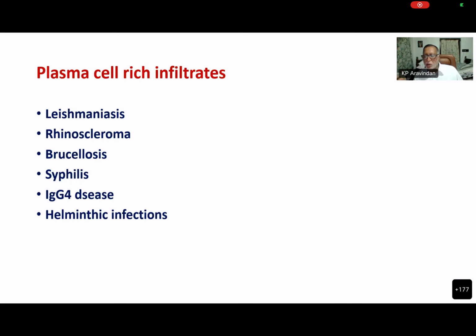Everybody had thought secondary syphilis was a long forgotten disease, but histology was so suggestive because of plasma cell infiltrates around the vessels with small granulomas. It really turned out to be secondary syphilis. The clinical picture was also very typical, but the clinicians have forgotten about it because they hardly ever see it now. Then IgG4 disease, and some helminthic infections along with granulomas and eosinophils as we discussed earlier.